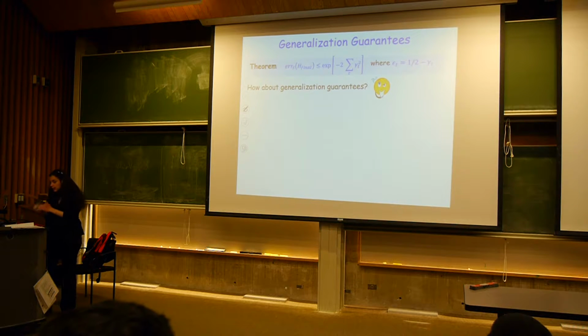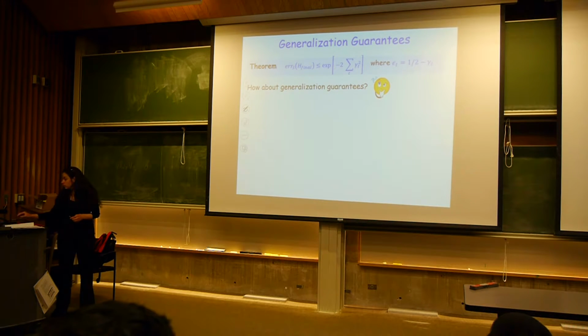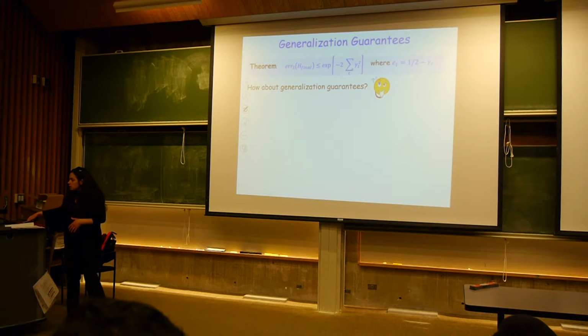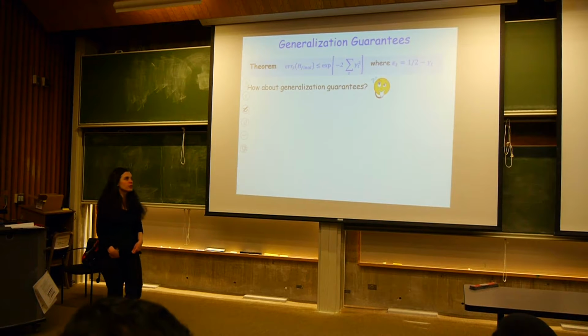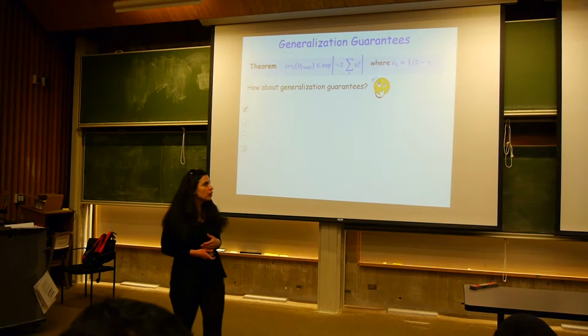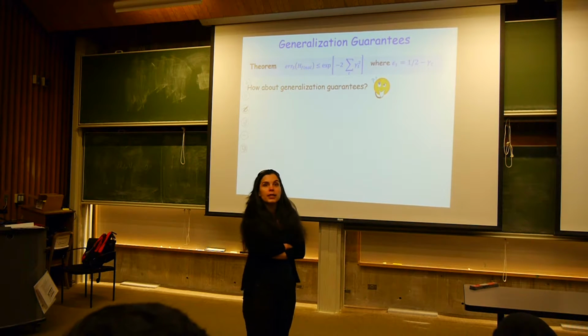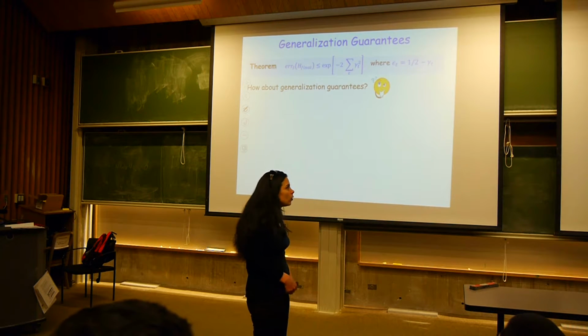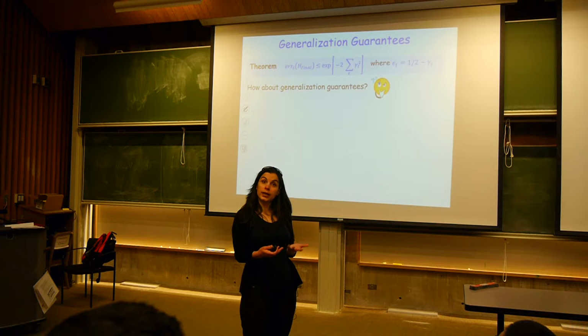So how about the generalization error? Well, we've spent a number of lectures talking about how we approach proving generalization guarantees for our algorithms, by using VC dimension-based bounds. So we kind of know how to go ahead and attack this question.